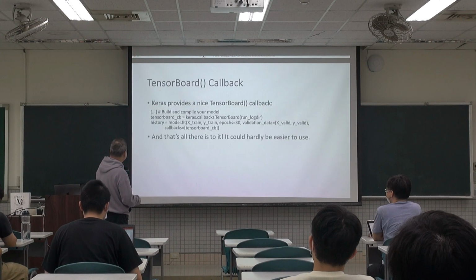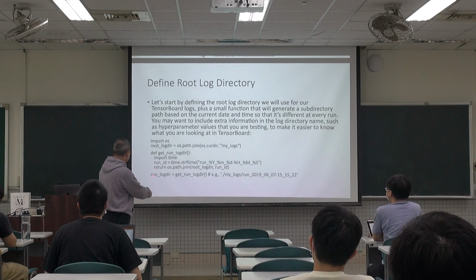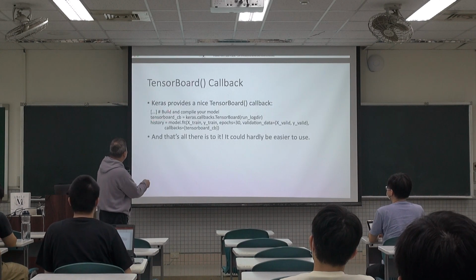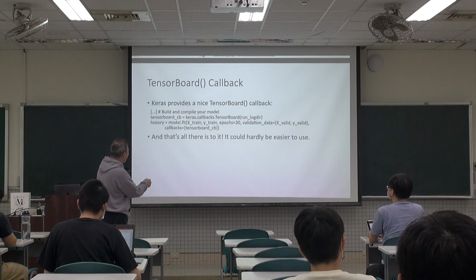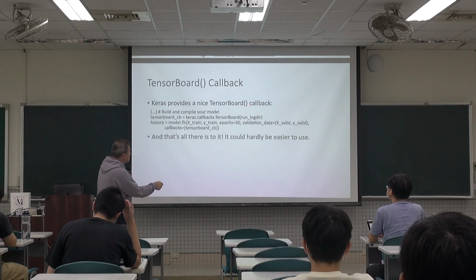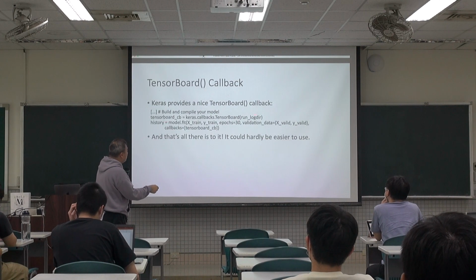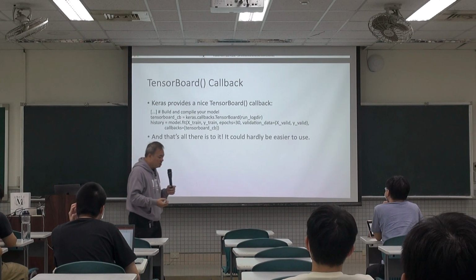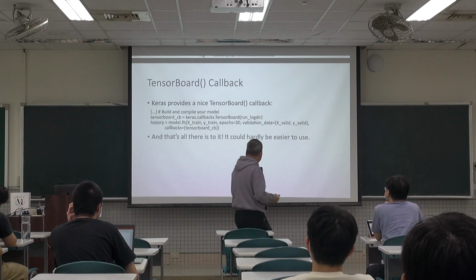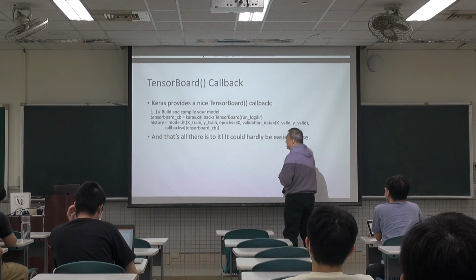So with that, first you have this function defined, and then you create a TensorBoard callback, and you provide that function as an argument of this object, so that you will save the intermediate result into the appropriate place.